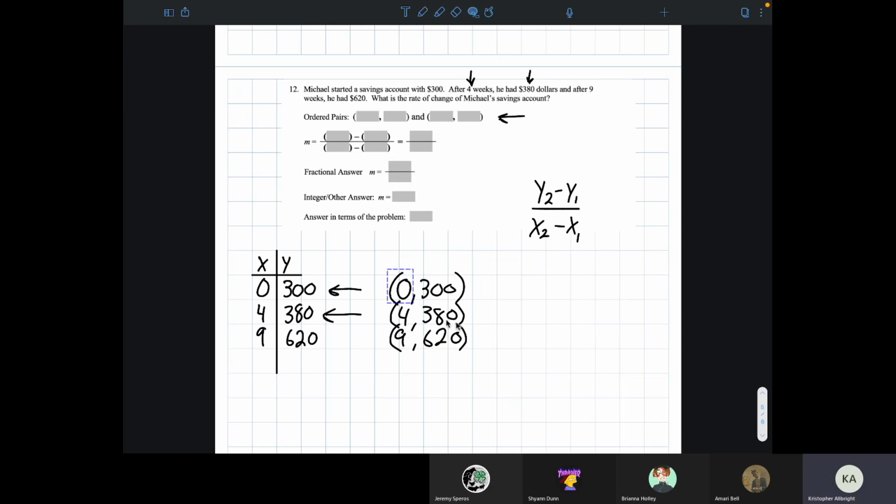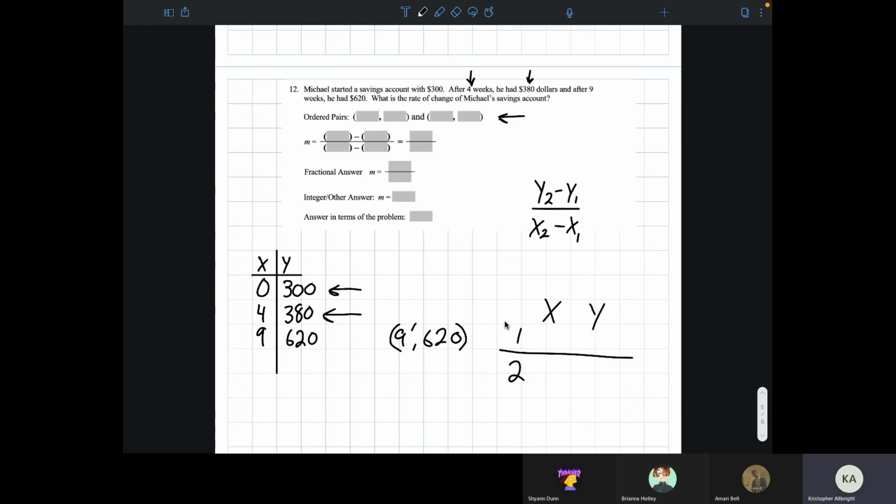I'm going to use the bottom two. So we do x, y, 1, 2, and we draw our little grid. And we say, okay, 9, 620, 4, 380.